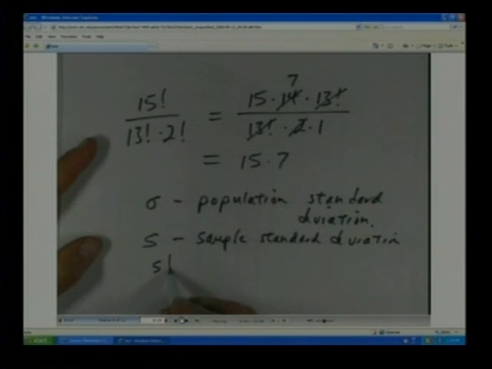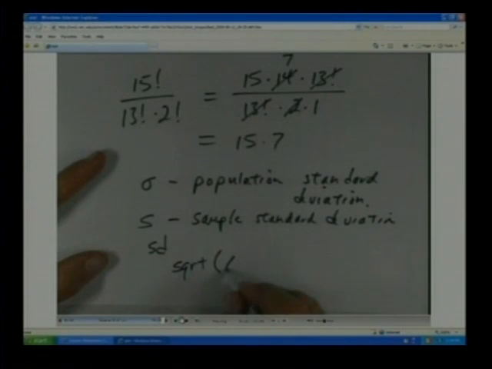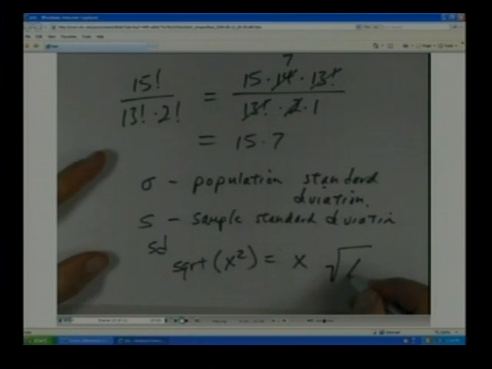Later on we'll find out that another symbol that I use a lot of times if I'm sending you an email trying to explain something to you is this SQRT. So the square root of x squared is going to be equal to x. Mathematically, you may see that as something like x squared.